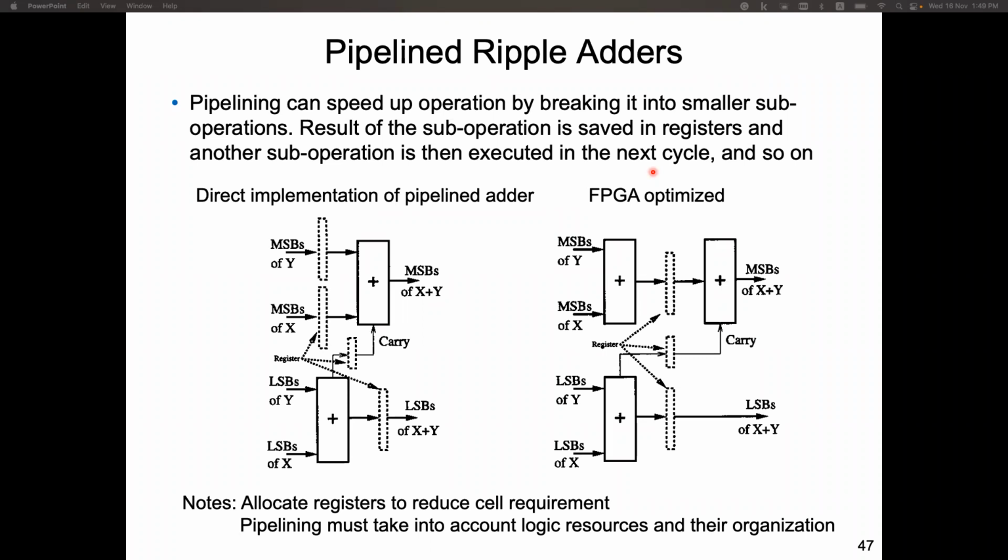Let's consider a pipeline adder. The direct implementation of the pipeline adder is shown here. A 2-stage pipeline adder is shown here. Say we divide each input word into 2 subgroups, the LSB group and the MSB group. The LSB group is added by a sub-adder, and then its carry output is stored by a register.